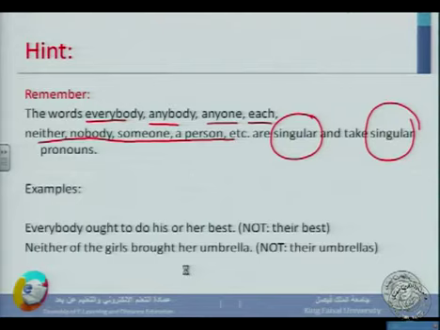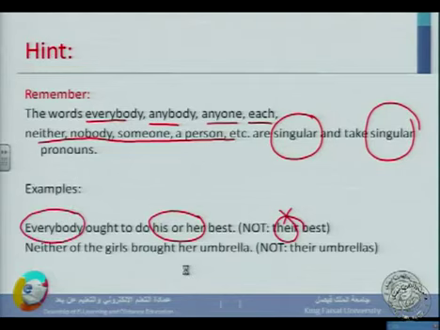For example, everybody ought to do his or her best. لاحظوا هذه الضمائر اللي عندنا his و her، ما قال their لأنه their غلط. لماذا their is incorrect? Because everybody is singular، فلازم يكون البروناون أيضا singular. their هون plural وهذا خطأ ما يجوز.